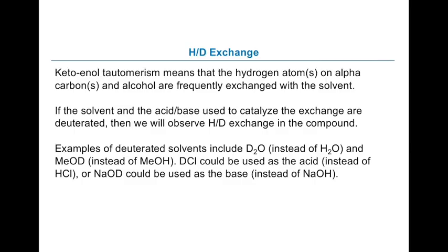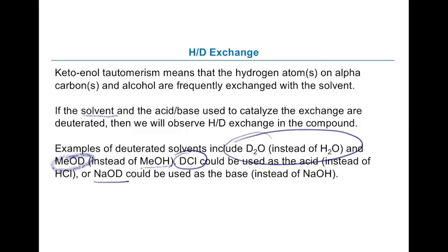We're basically saying which protons are flexible or exchangeable. So I'm going to run it in a solvent that has something like D2O, or I could use MeOD instead of methanol, or deuterium chloride, the deuterium version of hydrochloric acid.